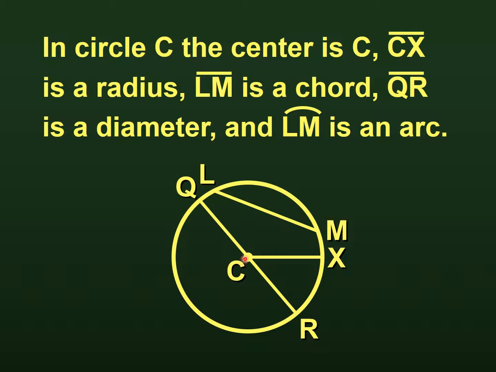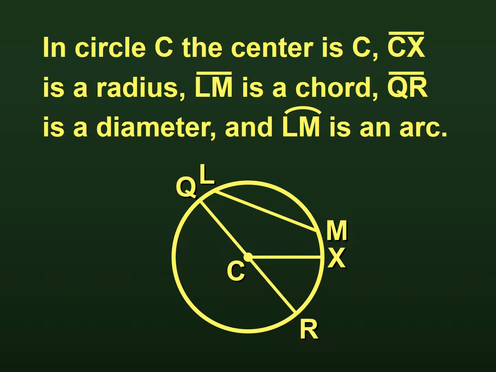So there's different radii here. There is the radius CX, that's the one that we pointed out already, but notice that segment CR is also a radius, and segment CQ is also a radius. So remember, a circle actually has an infinite number of radii.